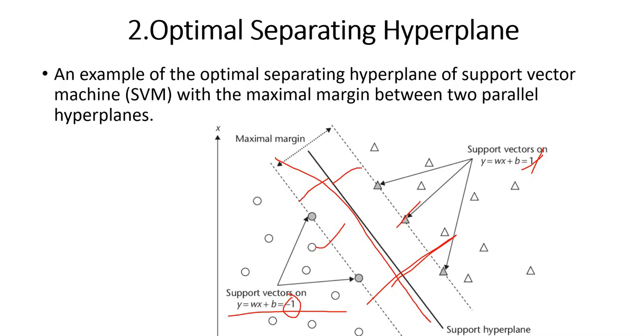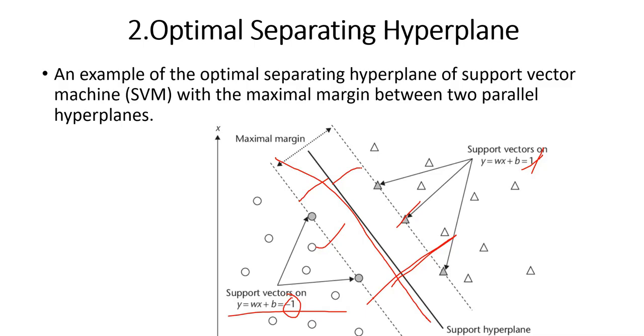Now let us connect the diagram with the mathematics. The optimal separating hyperplane is w^T x + b = 0. For the support vectors, the two margin boundaries are w^T x + b = +1 and w^T x + b = -1. The distance between these two boundaries is known as the margin, which is equal to 2 divided by ||w||.